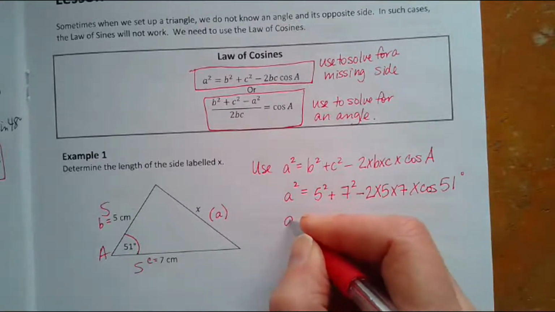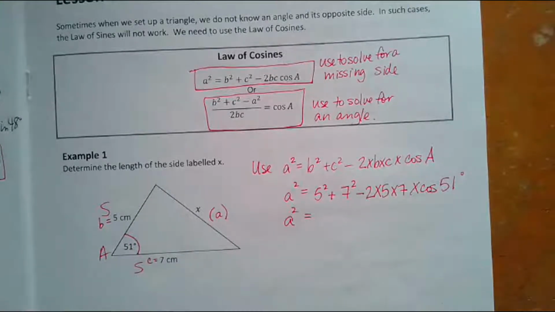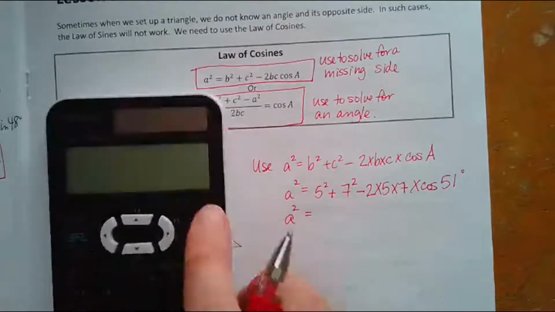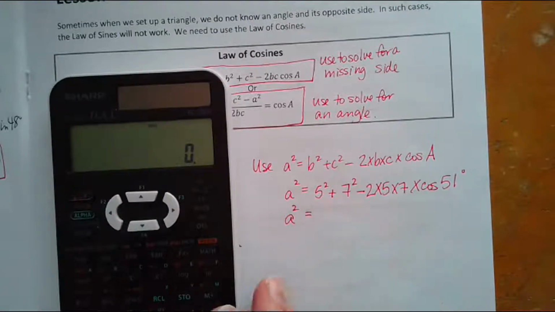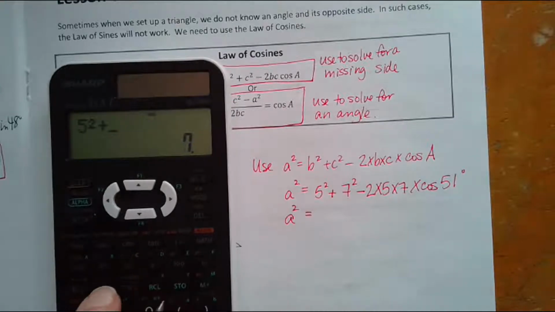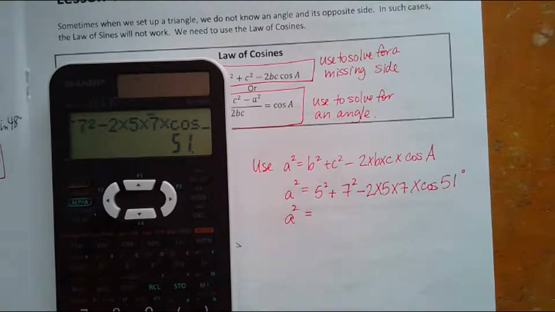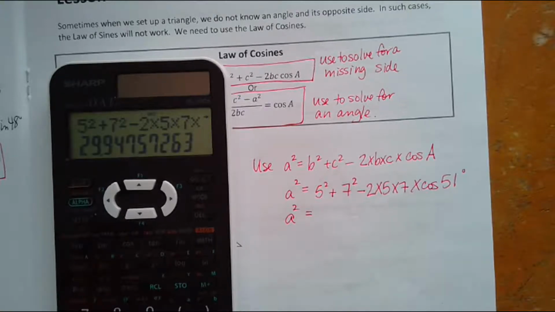Let's see what we get for an answer first, okay? There's a couple ways we could do this. So I'm just going to type into my calculator 5 squared plus 7 squared minus 2 times 5 times 7 times cos of 51 degrees equals, okay?